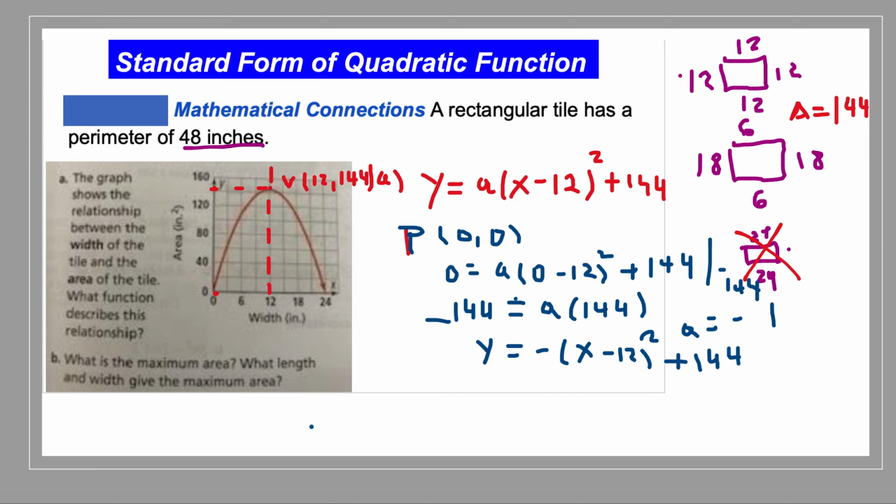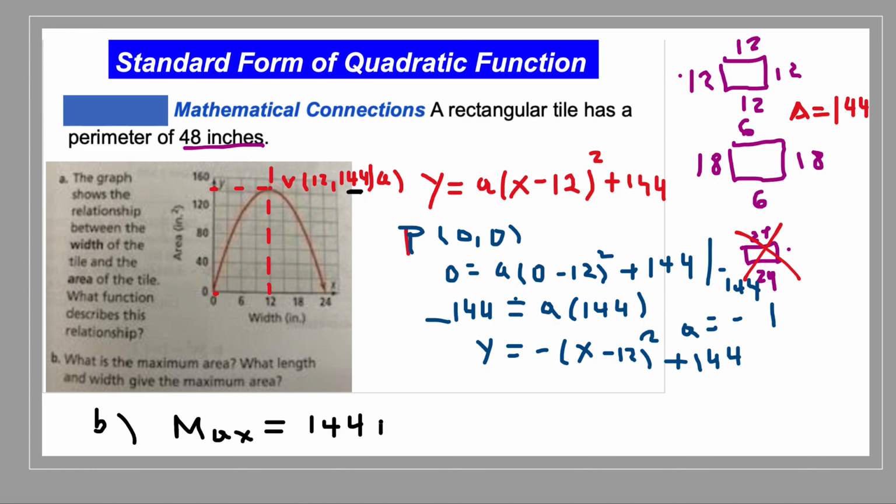And now this was A. And B, how about B? B says what is the maximum area? The maximum area is 144, so this 144 represents the maximum area. It is 144 square inches, because this is in inches, so the area is 144 inches squared.